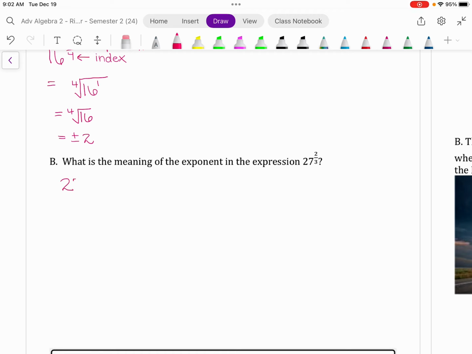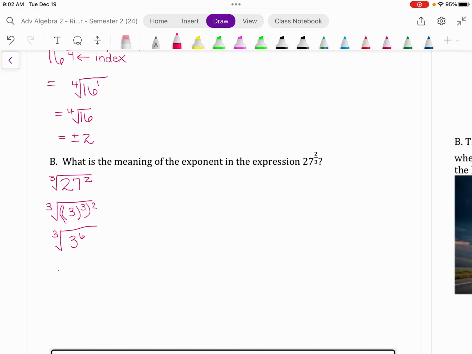We have 27. Our index is 3, and our exponent is 2. Okay, we could also think about that. 27 is the same thing as 3 cubed. That's a perfect cube. And then squared means that that is 3 to the 6th power, and we're doing a cube root of that.